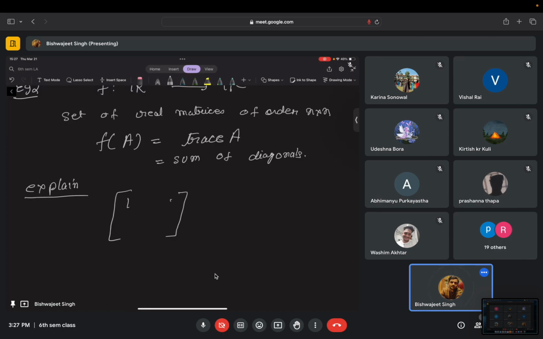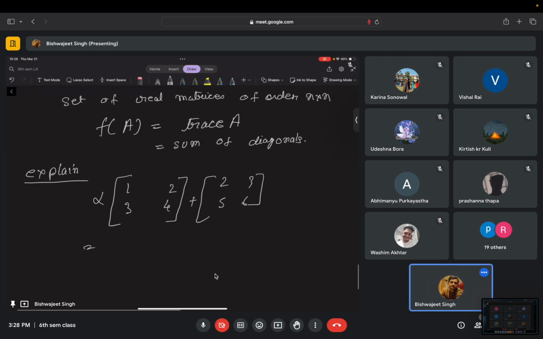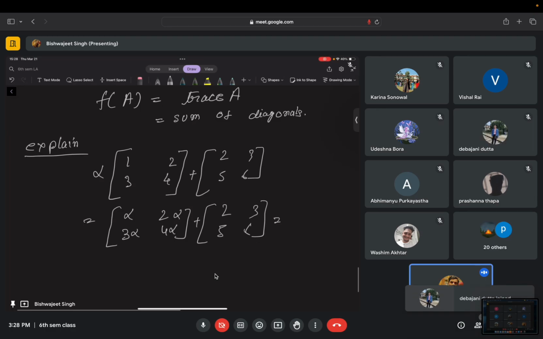So I have 1 2 3 4, and I multiply it by some alpha, and I have one more matrix 2 3 5 6. Now if I take the trace of this matrix, this matrix is actually alpha, 2 alpha, 3 alpha, 4 alpha, plus 2 3 5 6. So what is this?